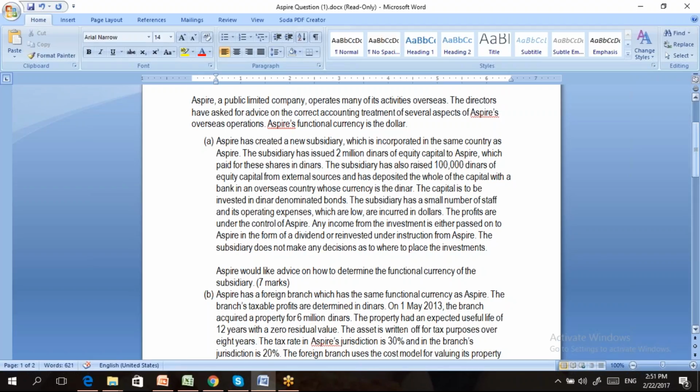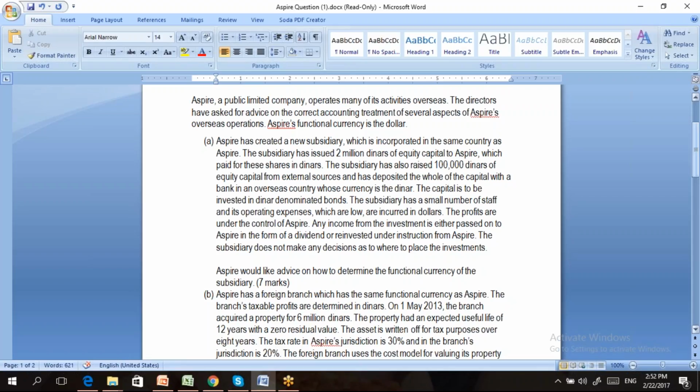You can see here we have both sides: share capital in dinars, little employee cost in dollars, but the subsidiary is under total control of the parent.